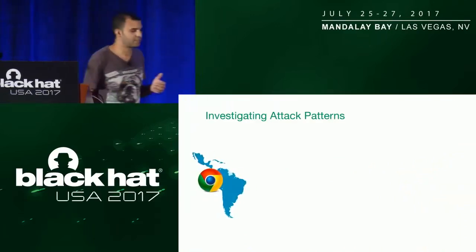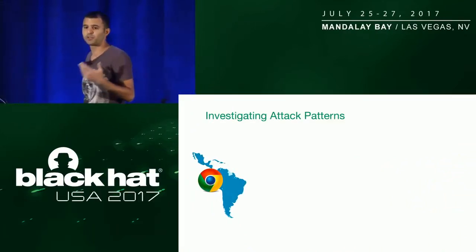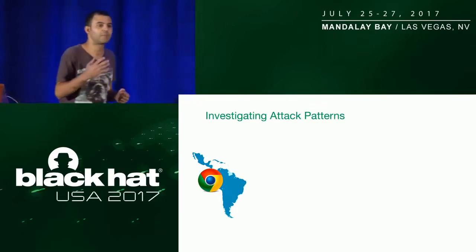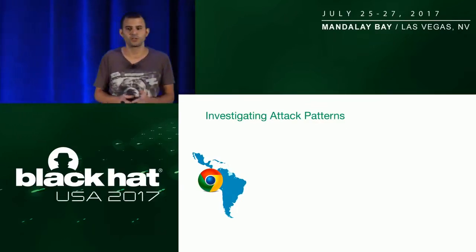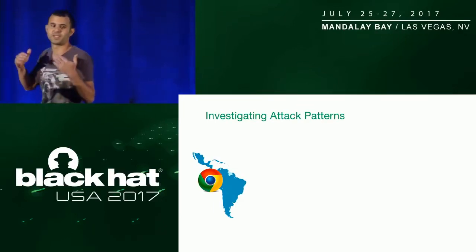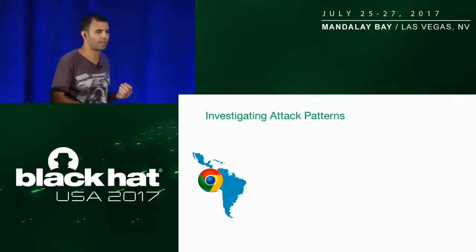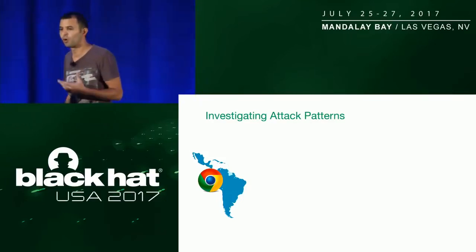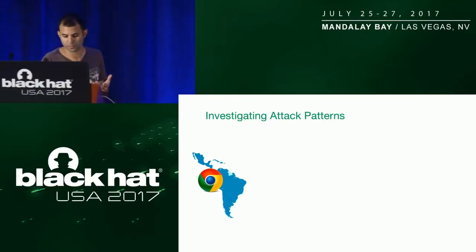The first thing that we noticed is that most of the increase in the sign-up event originated in Latin American countries. This was very weird because it was in high numbers, as well as almost all of the clients were coming with Chrome, with Google Chrome.